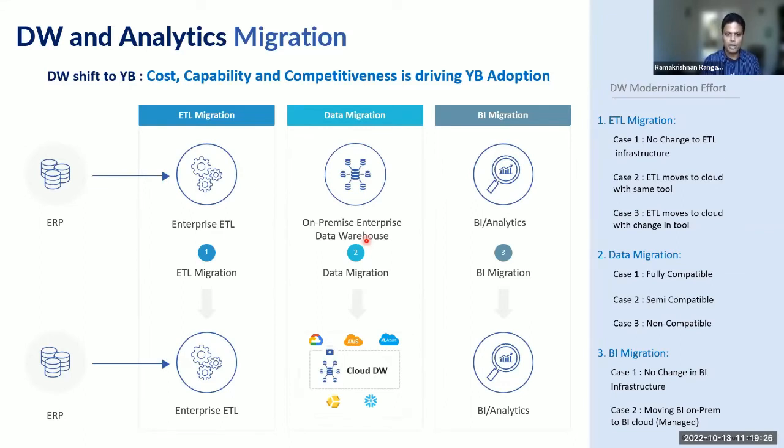ETL or ELT layer. Now, on the other side of the spectrum, we have data being consumed from the data warehouses. And typically, we have analytics platforms and dashboard visualization platforms like Tableau or Power BI or MicroStrategy, Cognos, and whatnot, right? That consume data from the data warehouse in order to provide insights through dashboards and visualizations. And there are other ways of consuming data from a data warehouse as well.